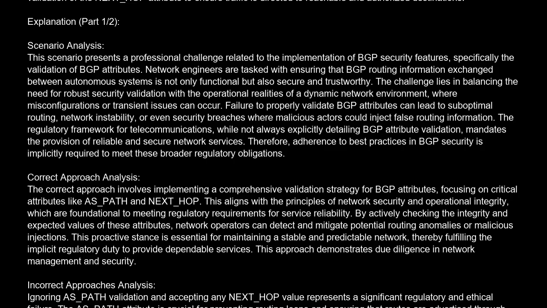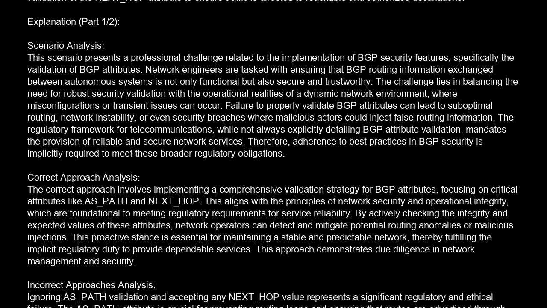By actively checking the integrity and expected values of these attributes, network operators can detect and mitigate potential routing anomalies or malicious injections. This proactive stance is essential for maintaining a stable and predictable network, thereby fulfilling the implicit regulatory duty to provide dependable services. This approach demonstrates due diligence in network management and security.